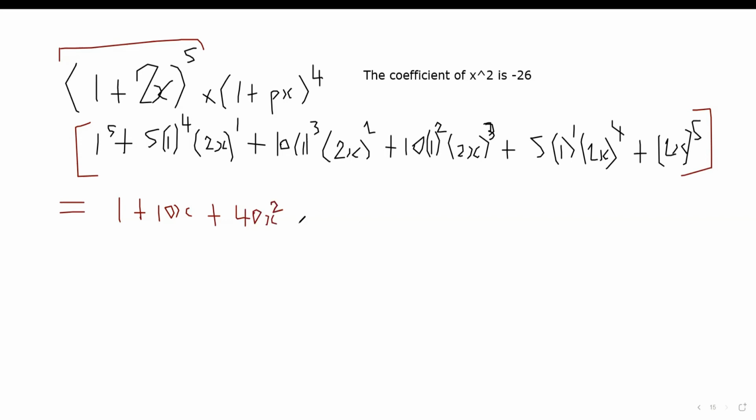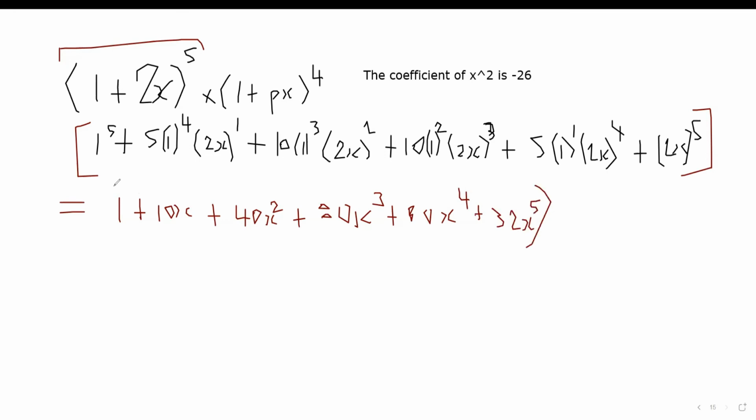Then 10 times 2 cubed, which is 8, is 80x cubed. Plus 2 to the 4 is 16, 16 times 5 is 80x to the 4, plus 2 to the 5 is 32x to the 5th.